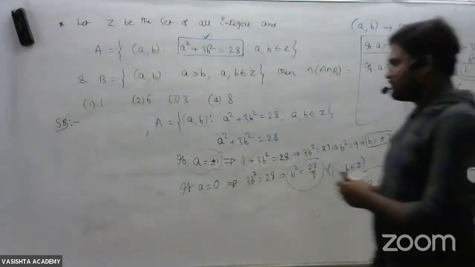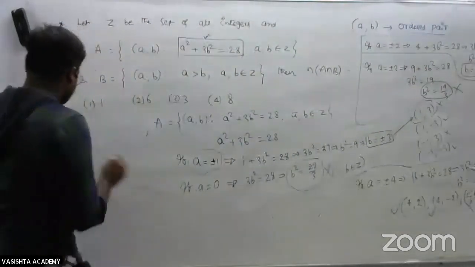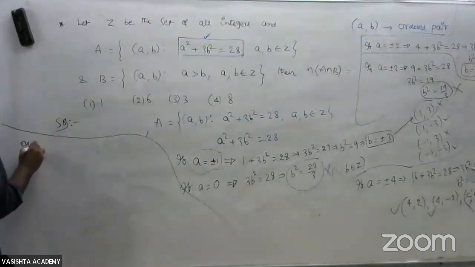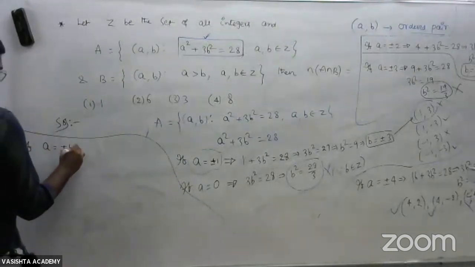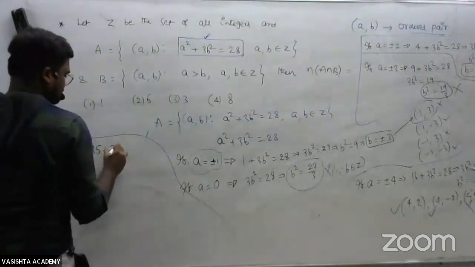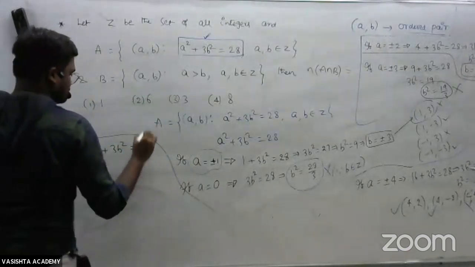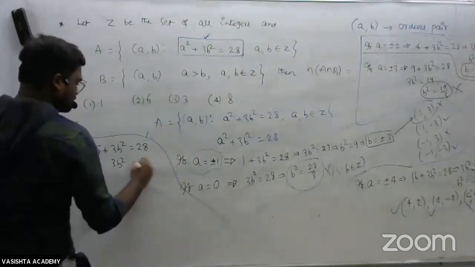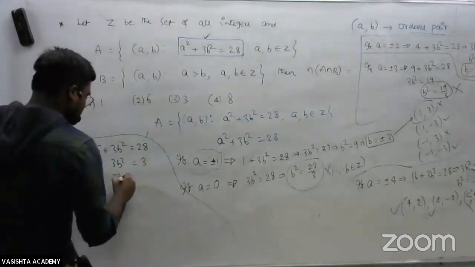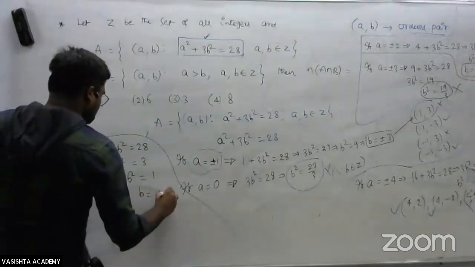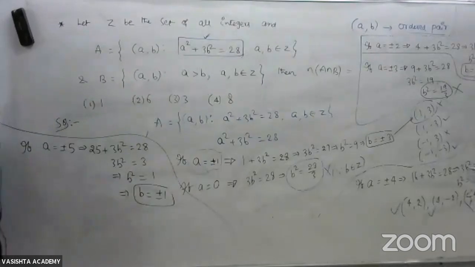Now let us try to verify a equal to plus or minus 5 also. I'll write it here. If a equal to plus or minus 5, what will you get? 25 plus 3b square equal to 28. 3b square equal to 28 minus 25, 3. That is b square equal to 1. b equal to plus or minus 1.